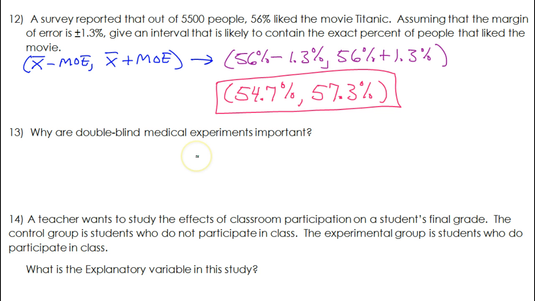And of course, if the subjects knew whether or not they were getting a medicine or something, sometimes their expectations will change their responses to the treatment. So if nobody knows, then any changes, any responses, we can attribute directly to the treatments.